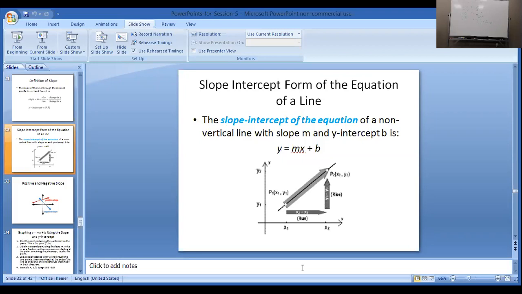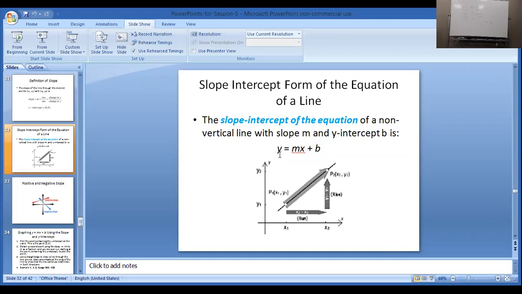As you can see here in the PowerPoint, this is rise, this is run. The difference y2 minus y1 over x2 minus x1 gives you the slope. If it's positive, it's going upward. If it's negative, it's going downward.